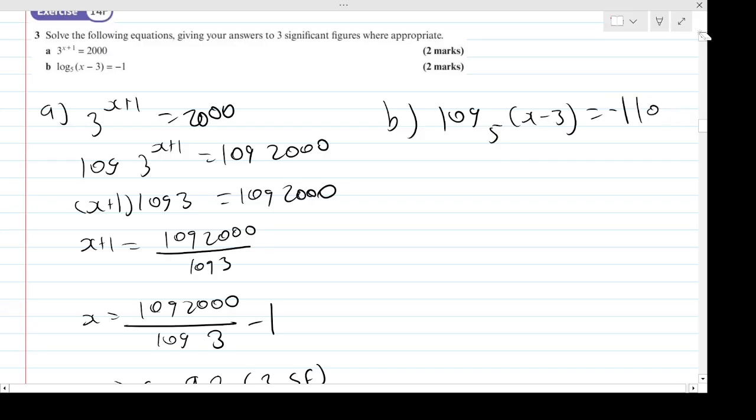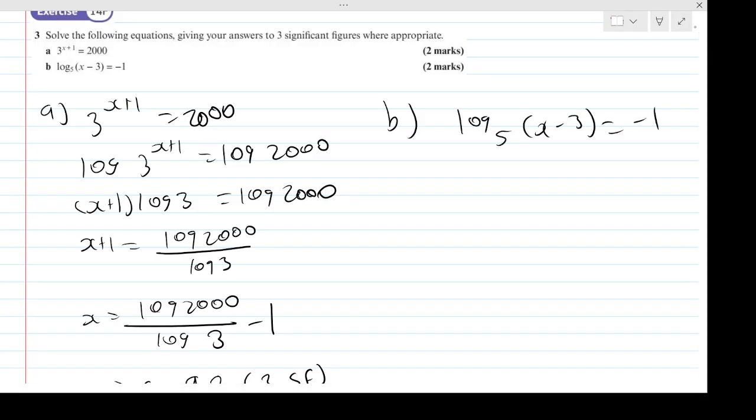What I can do instead is take exponentials to both sides. Specifically, I'm going to take powers of 5. So I have log base 5 of x minus 3 is minus 1. What I can do is raise both sides by 5.